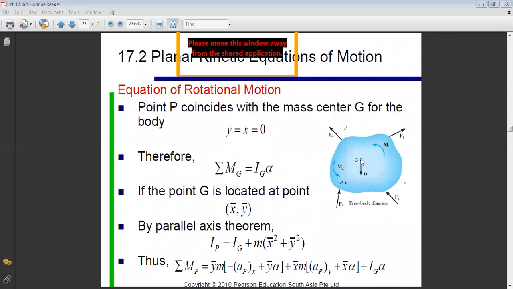And now, if I take y bar m as a factor, I can see that I have m x bar that is repeated two times. So I can take m x bar as a factor. If I take m x bar as a factor, I have apy plus x bar alpha. And if I take y bar m as a factor, I have minus apx plus y bar alpha. Yes?